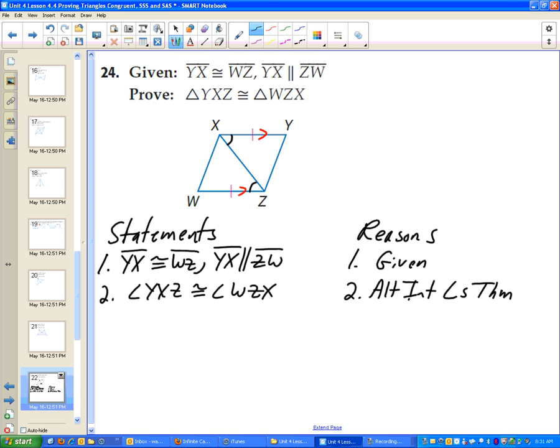Okay. I also need to say that that segment's congruent to itself, don't I? So statement 3, segment XZ is congruent to segment XZ. Now this one's a property. Which property tells me that that segment is congruent to itself? Reflexive.